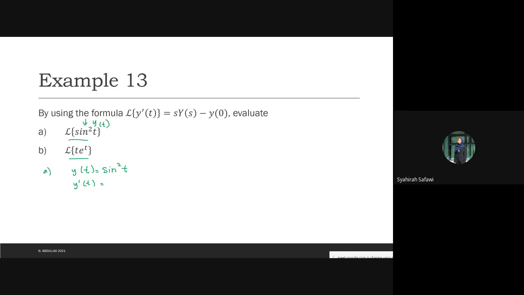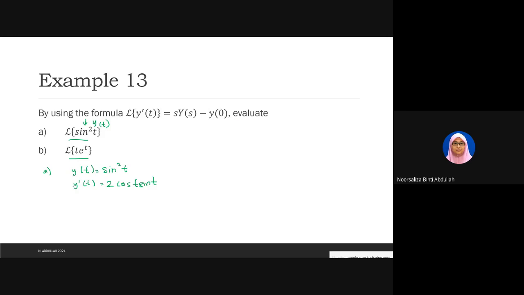Sin 2t? Y prime t, you bezakan sin kuasa 2 t. 2 cos t sin t ke, doktor? Ya, 2 cos t sin t. Okay. Lepas tu, dia suruh you evaluate ni.